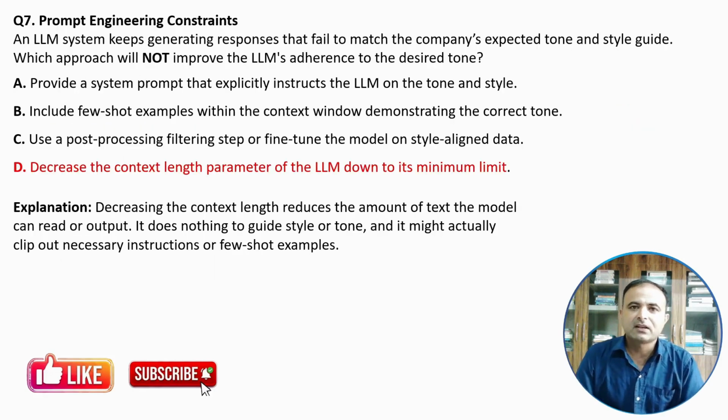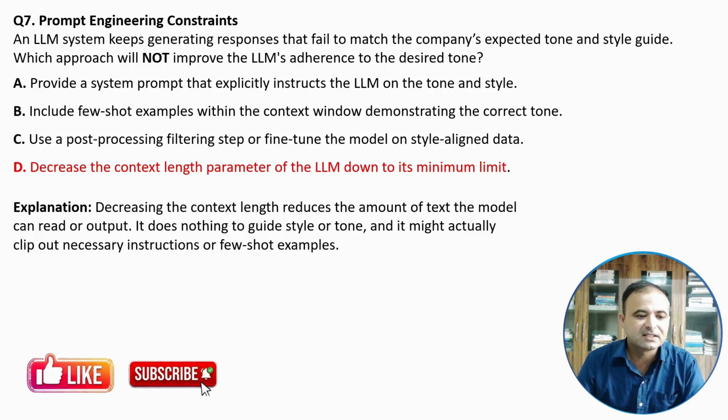Prompt engineering constraint. An LLM system keeps generating responses that fail to match the company's expected tone and style guide. Which approach will not improve the LLM's adherence to the desired tone?